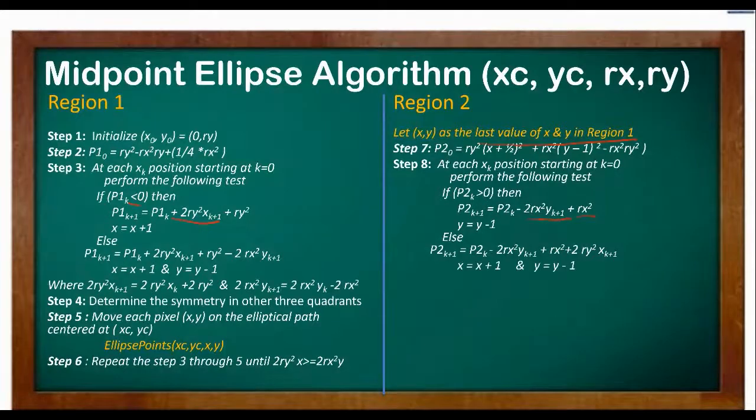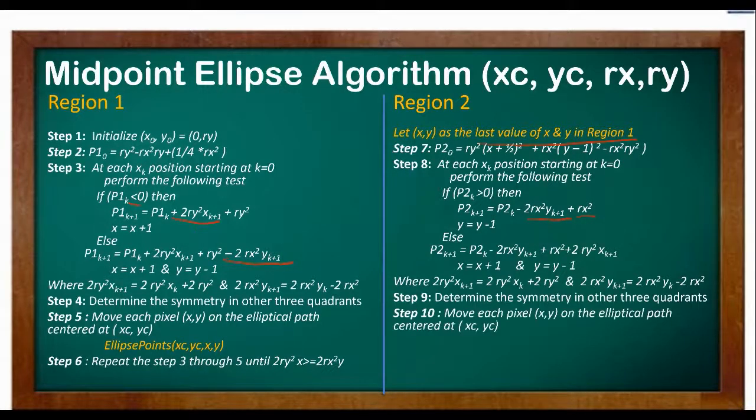So here you have the same minus, this will become minus rx square, and minus 2 rx square yk plus 1 will be replaced by plus 2 ry square xk plus 1. X is equal to x plus 1, y is equal to y minus 1, and these statements are the same. So we will determine the symmetry, and we will repeat till y is greater than 0.